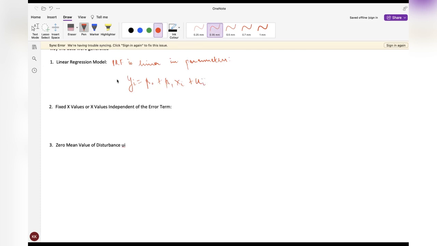Linear in parameters means that our parameters beta naught and beta 1 have to be linear.